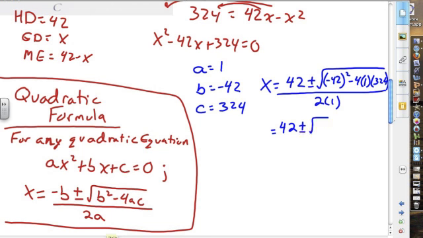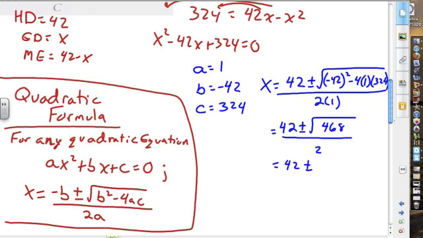So now what I do is I clean up what number is inside the square root. So I'm going to take the negative 42 and square it. That should be that 1700 number. And then I'm going to minus 4 times 1 times 324. I get 468. And all that has to be divided by 2.